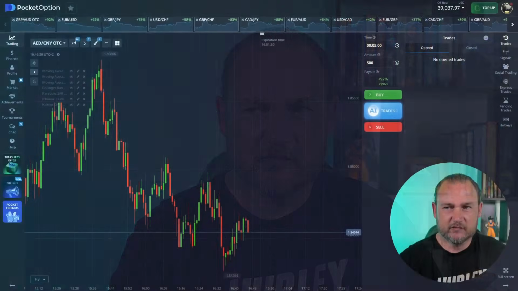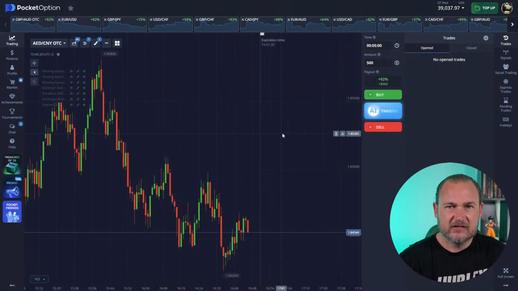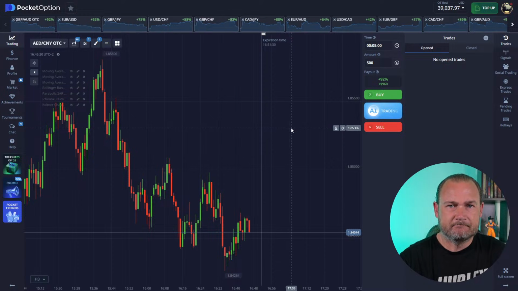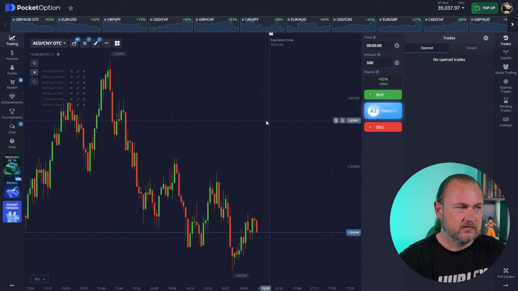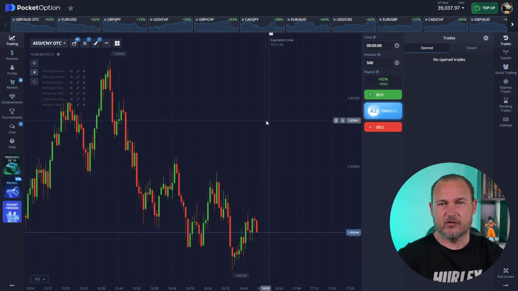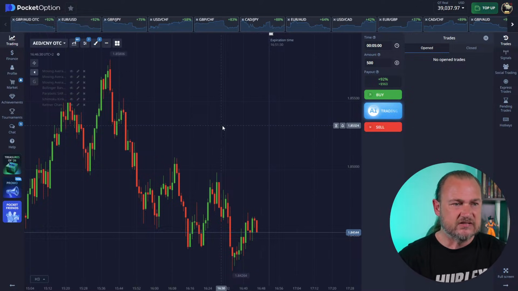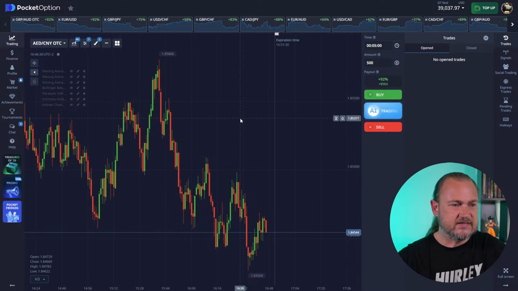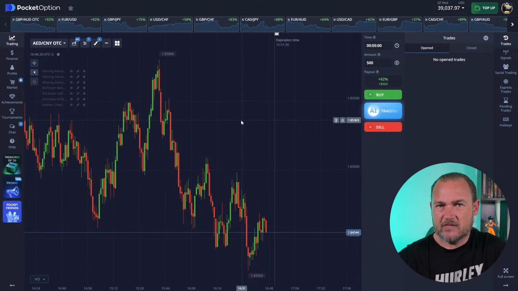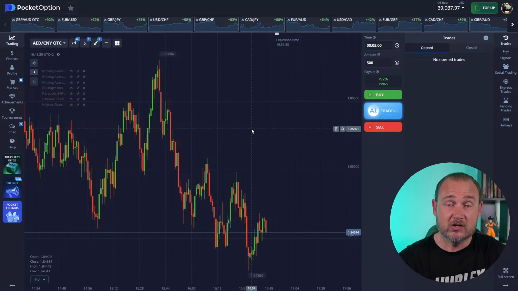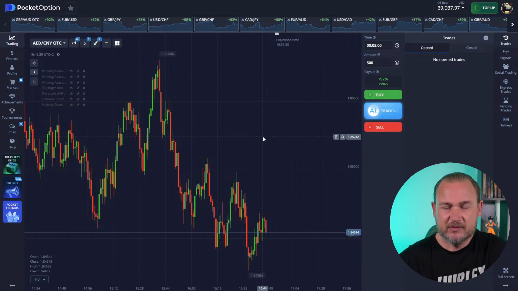Let's get to the platform and have a look at support and resistance, how we can use it, how it helps us, and how to draw them properly. So the concept of support and resistance is an old one, and it's still valid because it works. People still use it simply because it works.